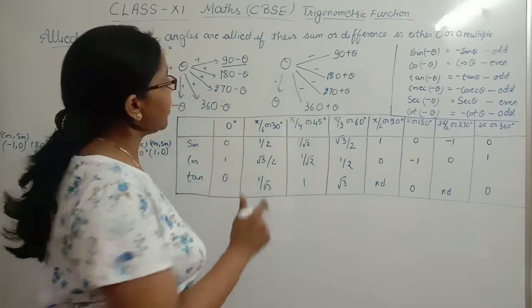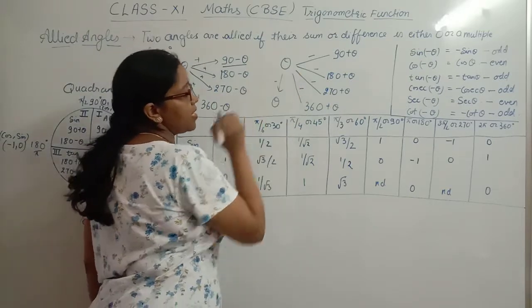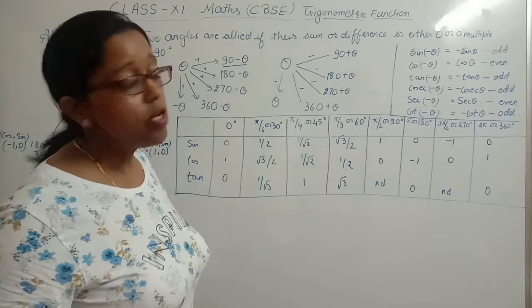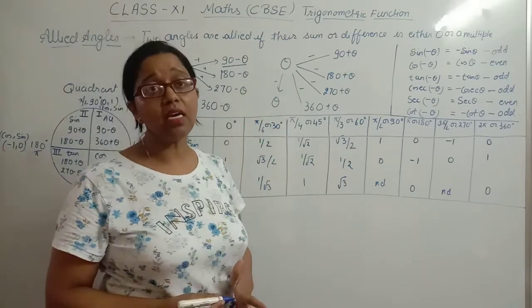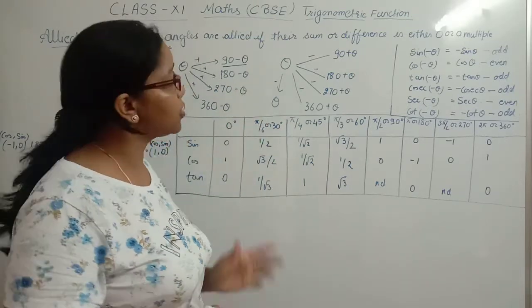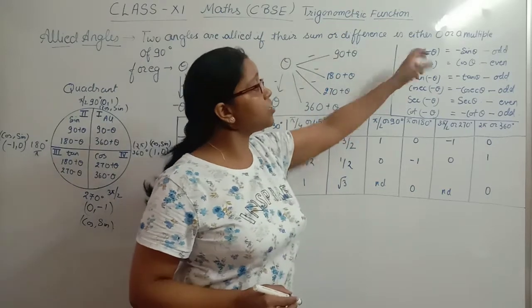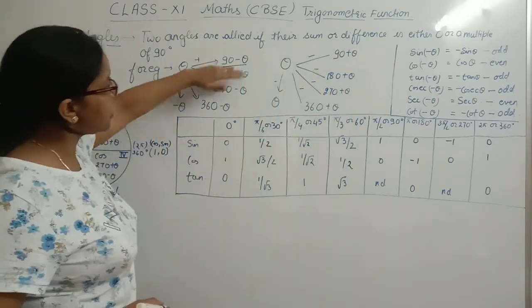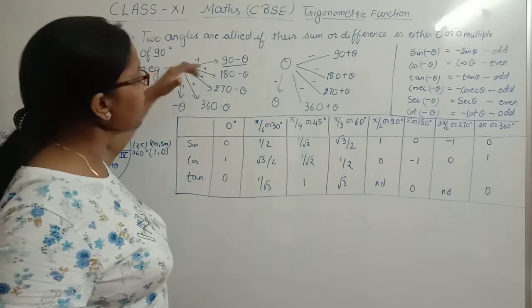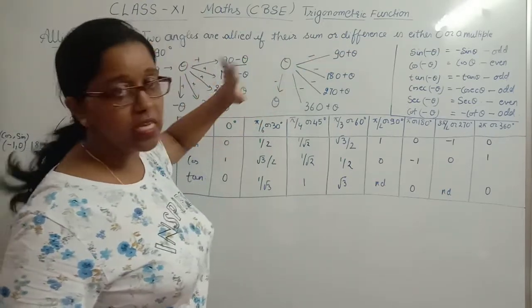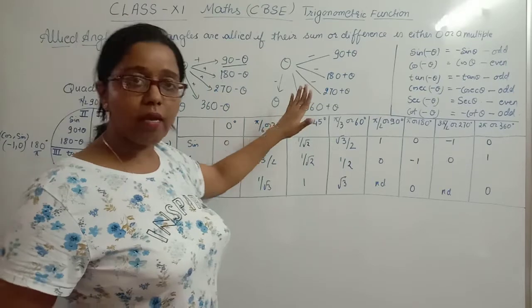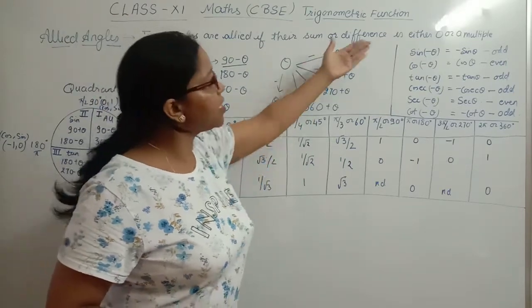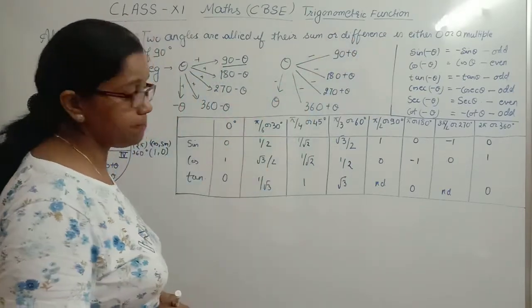And if you do theta minus theta, you get 0. So in these cases, by adding or subtracting, you are getting either 0 or a multiple of 90. That is why all of these are allied angles of theta, because in both ways you get either 0 or a multiple of 90.